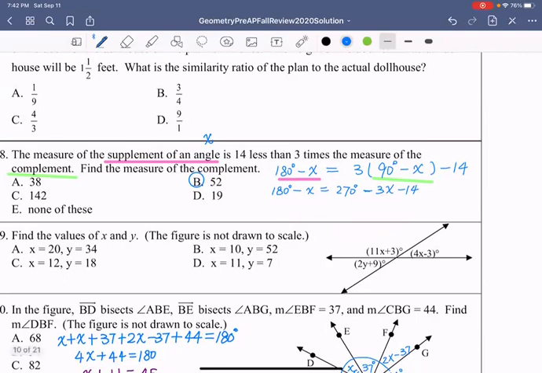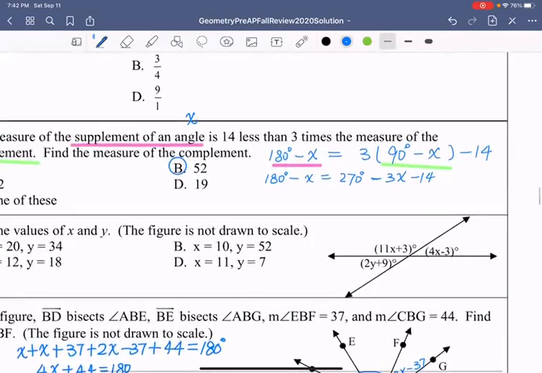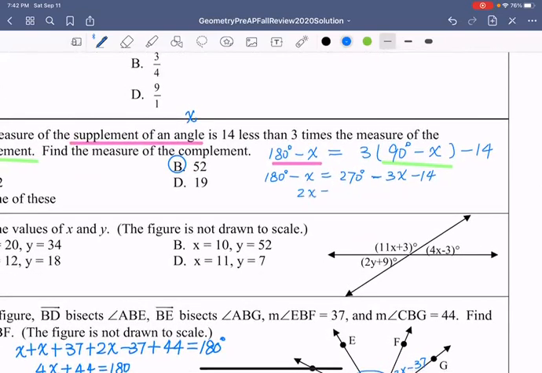So it'd be 2x equals 270 minus 90 minus 14, right? 2x would be equal to 76. And that would be 38. X would equal 38.